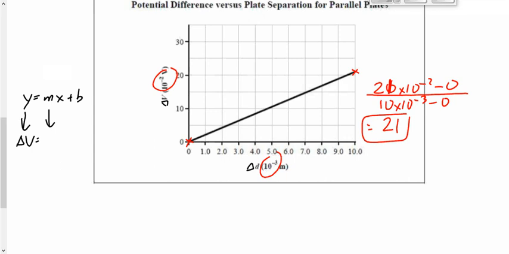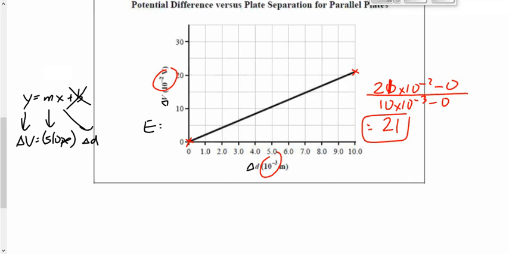Slope, yes. And x is the delta d, and b the y-intercept. Clearly there is no y-intercept; it goes through the origin here. Now we've got to come up with an equation on our data sheet that has delta v and delta d in it that's relevant to this graph.